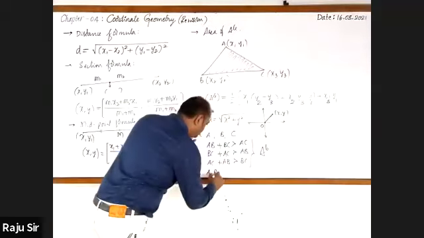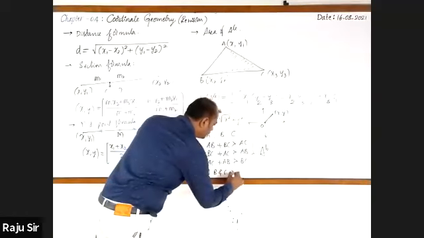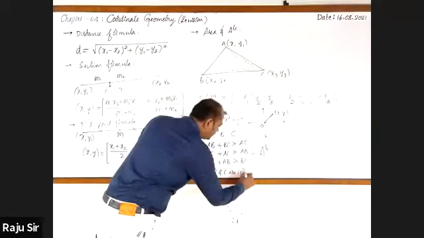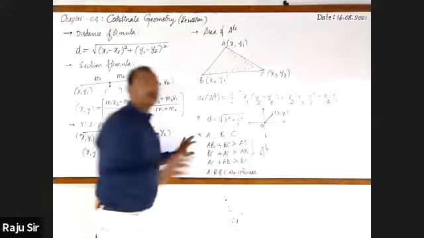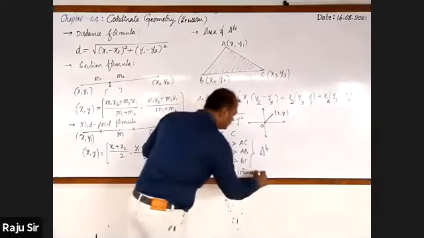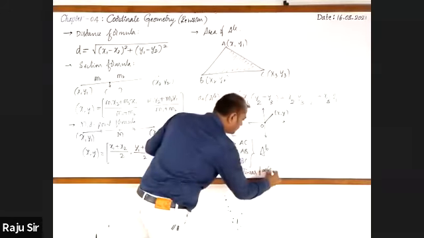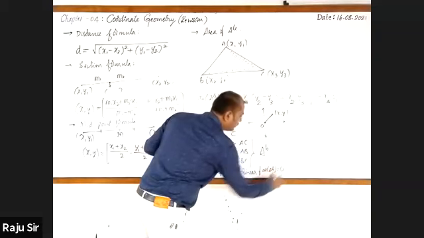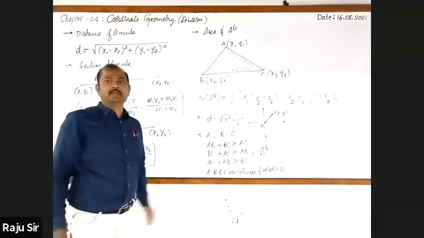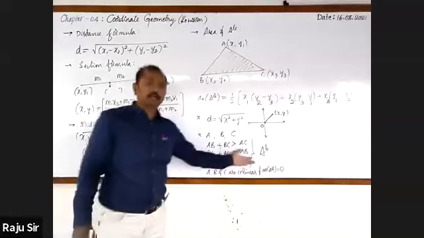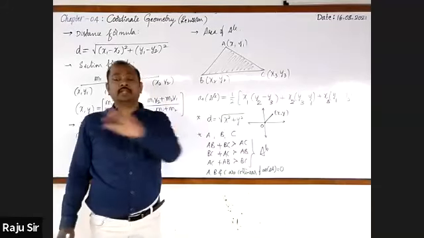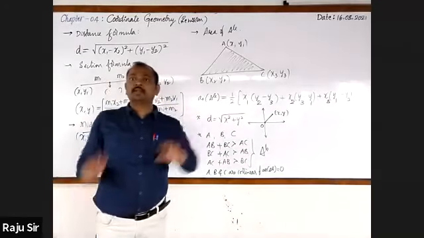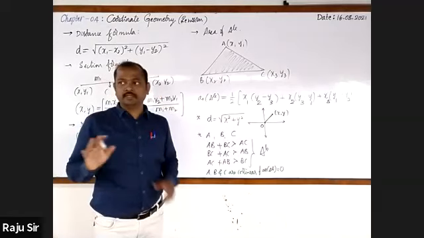A, B, and C are collinear if the triangle does not form, which means that the area of the triangle will be 0. If the area of the triangle is 0, then all the points are collinear. That means all the points will lie on the same line, right?